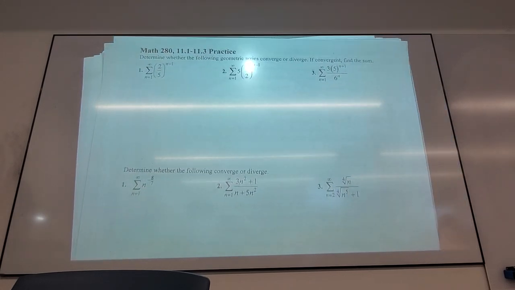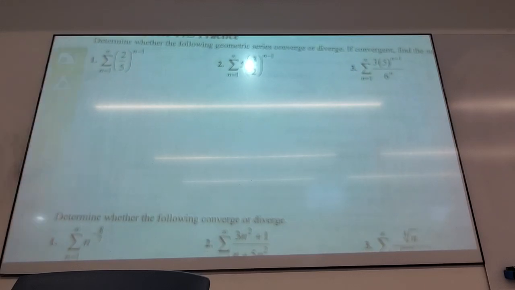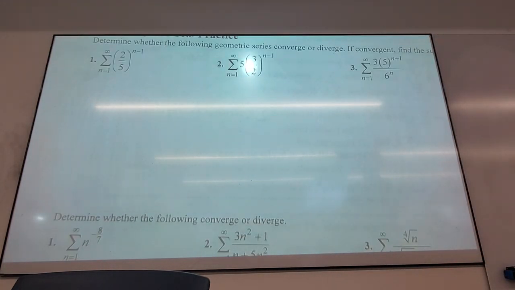So, real quick, just to kind of remind you guys. My calc 1 students, and everybody actually, when I give you a function to integrate or take the derivative of, what do you do first? Simplify it if you can. Yes. When I give you a series, unless it's a p-series or just a general series thing, what do you look for first? What do you apply first? The test for divergence. Yes?